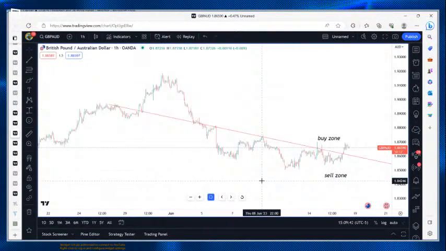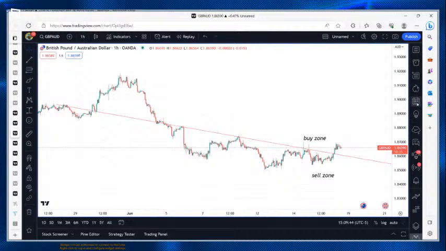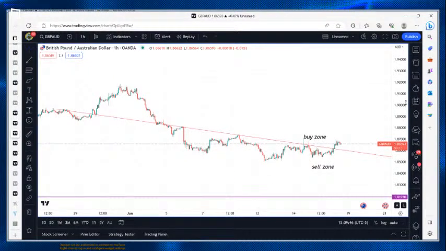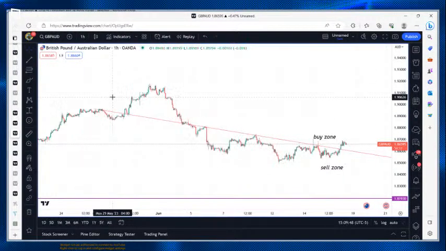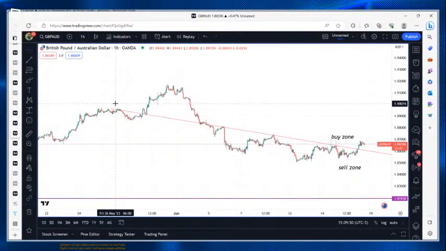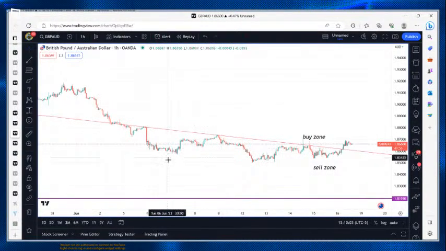All right. So at this angle, we can see we had resistance, broke up, tested the backside support, market goes up. Now we break back down into the sell zone. We come back up, test the backside as resistance, fall off, U-turn, fall off.